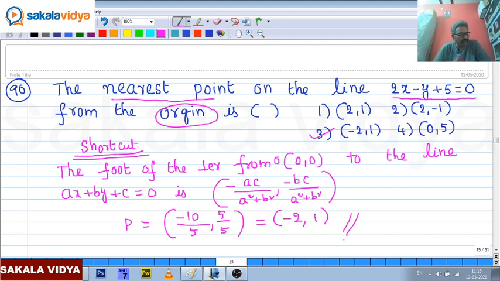This is also another method. So this can be remembered like this: the foot of the perpendicular from the origin to the line ax plus by plus c is equal to 0 is (minus ac by a square plus b square, comma minus bc by a square plus b square). You can remember it like that.